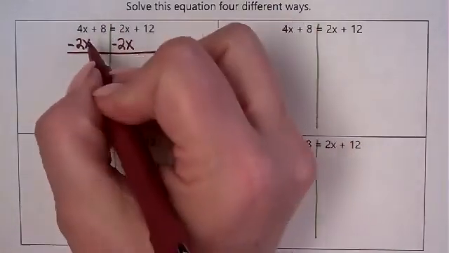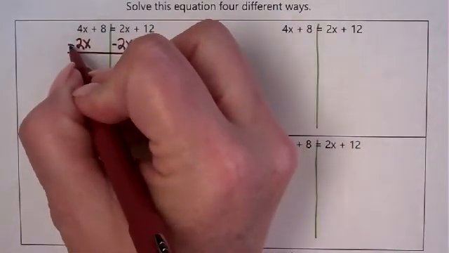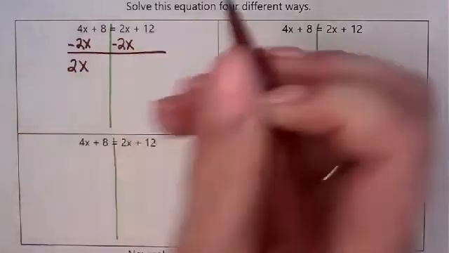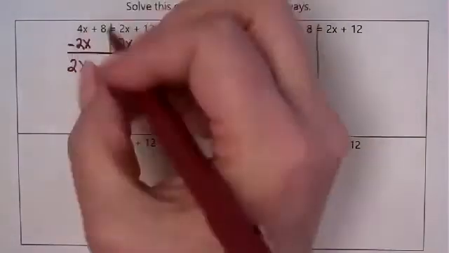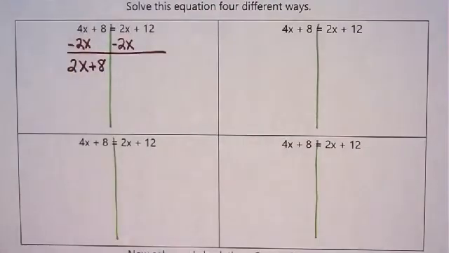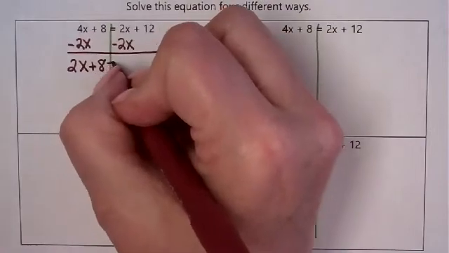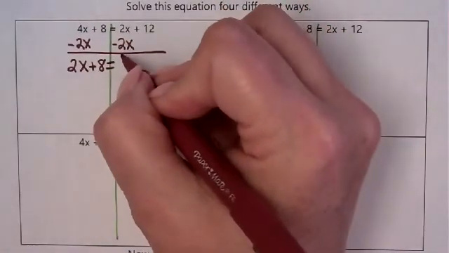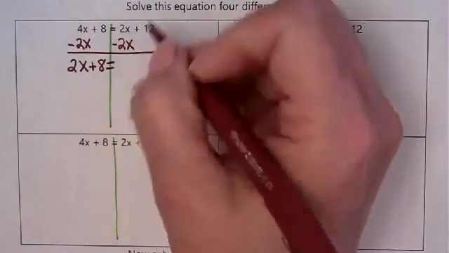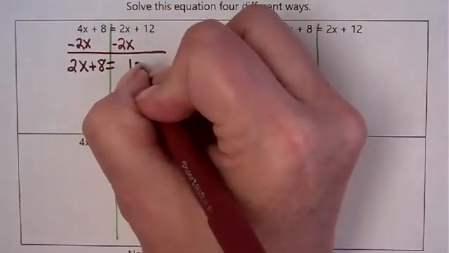So over here, I'm going to have 4x minus 2x, which is 2x, plus the 8, equal to, now on this side, we know those 2x's are going to cancel out because 2x minus 2x is 0, and that's going to bring me down a 12.